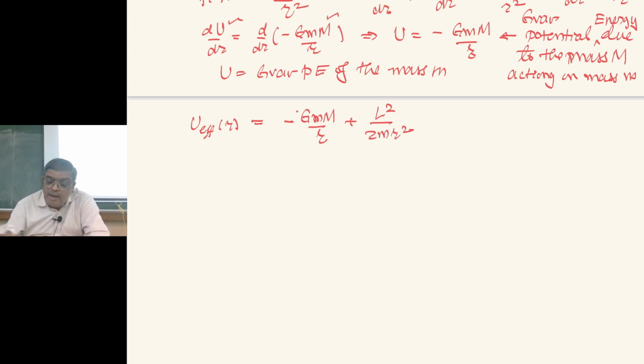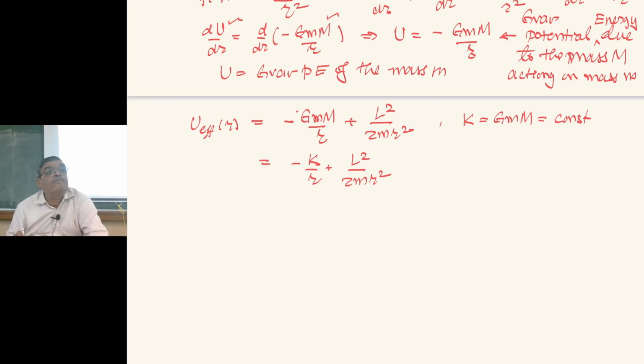Is that right? And remember, sometimes people use K is equal to G M m. This is a constant, of course. So therefore, this can be written as minus K by R plus L squared by twice m R squared.